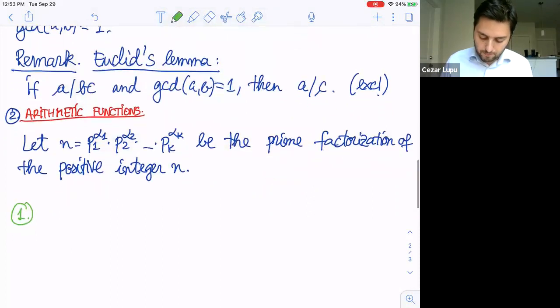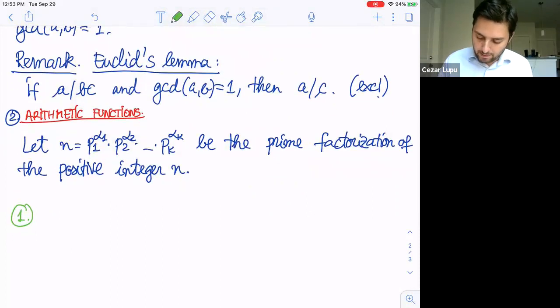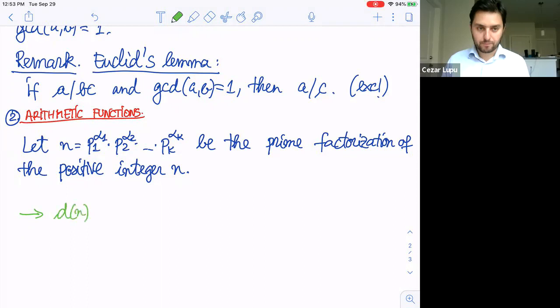The first arithmetic function will be d of n. You will see these arithmetic functions are very important, especially in analytic number theory, when you try to find asymptotic estimates of these functions, or for the average of these functions.